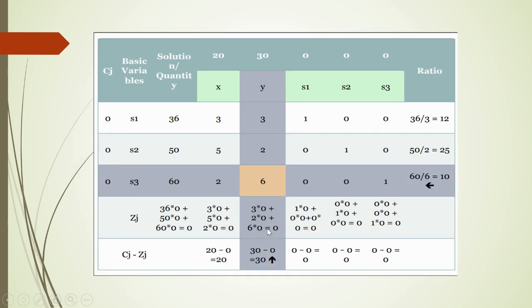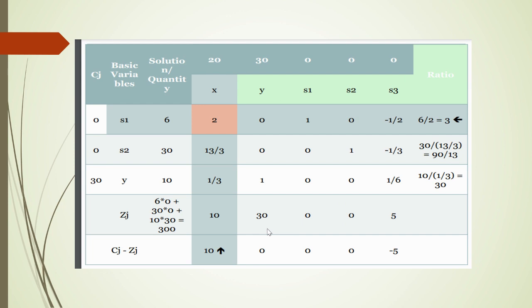So now, in the next table, we divide the pivot row by the pivot element, which is 6. So we divide 60 by 6, 2 by 6, 6 by 6, 0 by 6, 0 by 6, and 1 by 6. Here we get 10, 1 by 3, 1, 0, 0, 1 by 6.